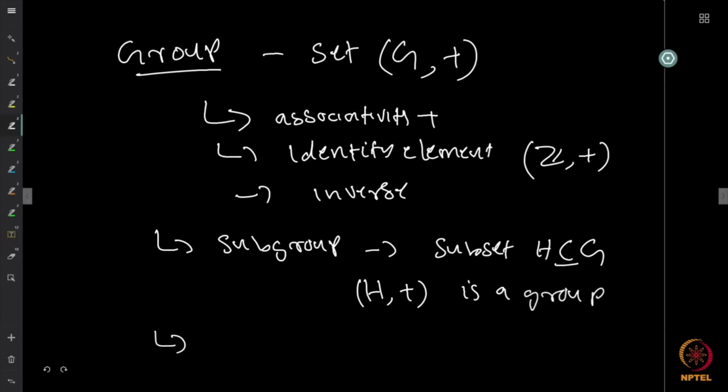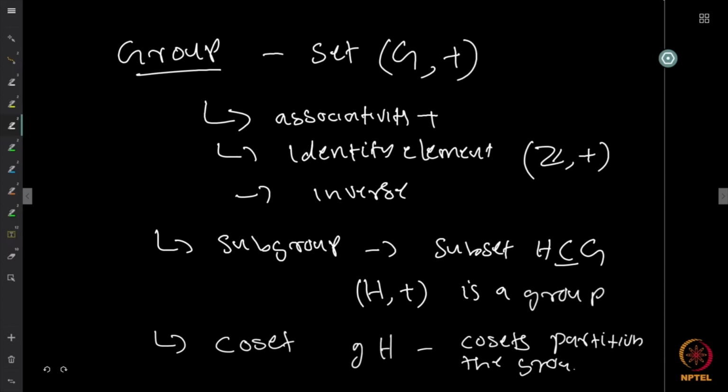Then associated concept is that of coset, right? Cosets, with respect to a subgroup, I can say that g is an element of G and H is a subgroup. Then elements gH are the left cosets. And similarly, you can define right cosets. And cosets partition the group. Right? So this is something that you can take as a homework and prove if you have not done it before.